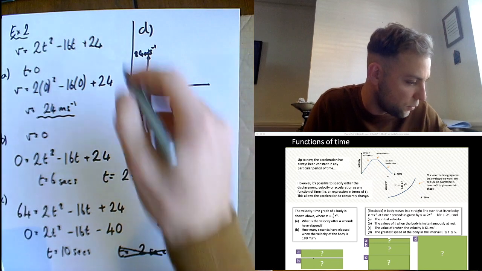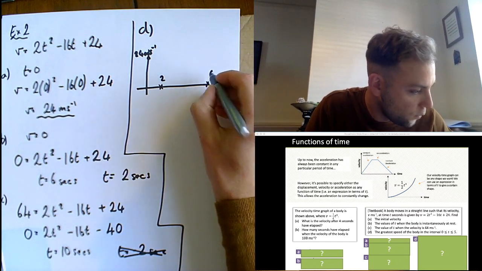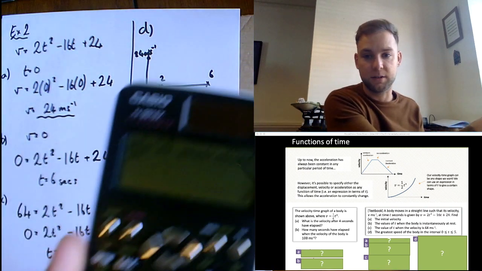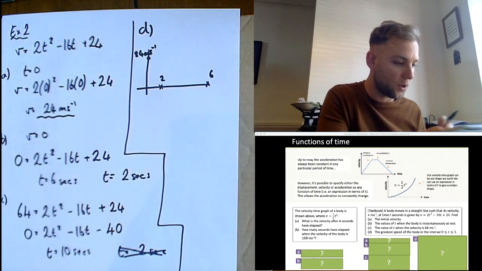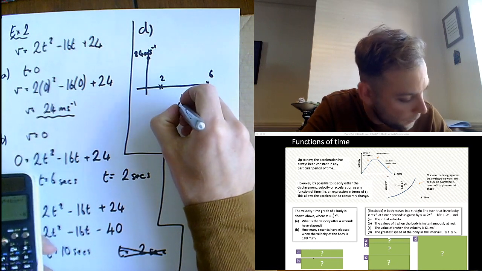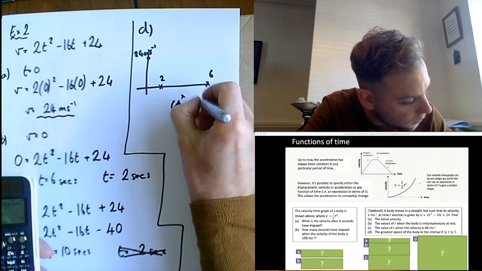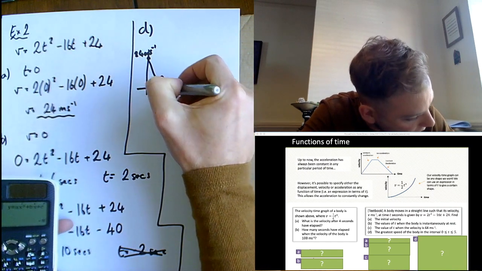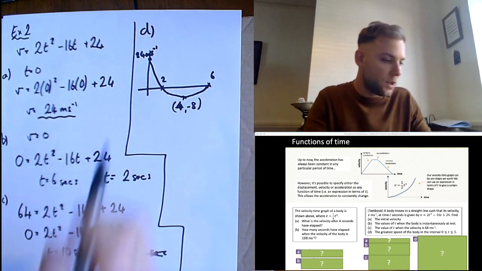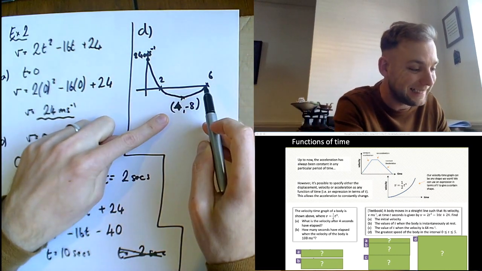It's also crossing at 6, which is over here, but we only want it between 0 and 5. That tells us what the minimum value is. The minimum value is 4 across, minus 8 down, like so. So this graph is going to look like this. At 0 it's 24, at 2 it's equal to 0, at 4 it's equal to minus 8, and at 6 it's equal to 0 again.